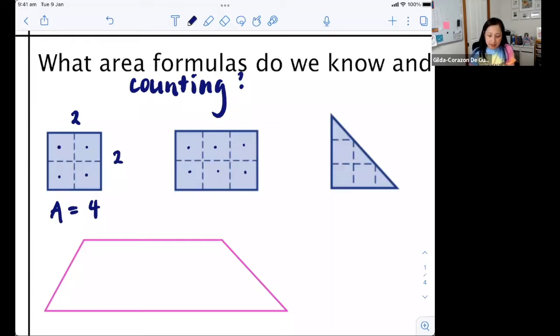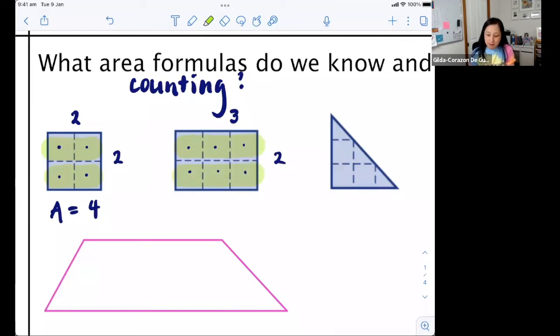Well, we could say that has 2 squares, 2 rows, or you could say it's 2 lots of 2 columns, right? And you could also say this one here would be 3 times 2, because each row here would have 3 squares. And how many rows do we have? There are 2 rows.